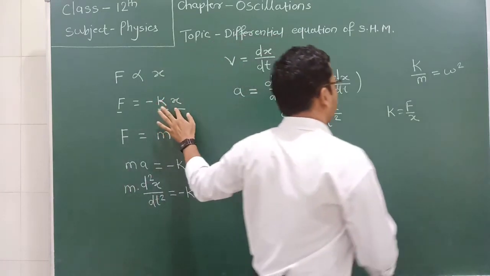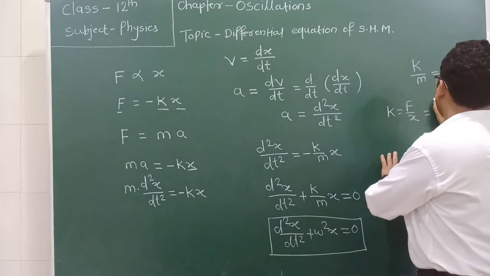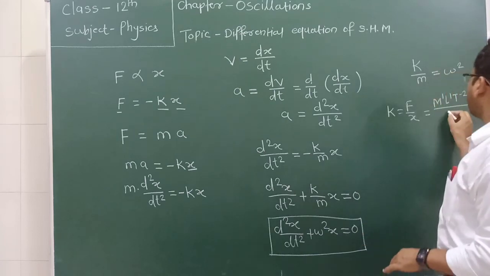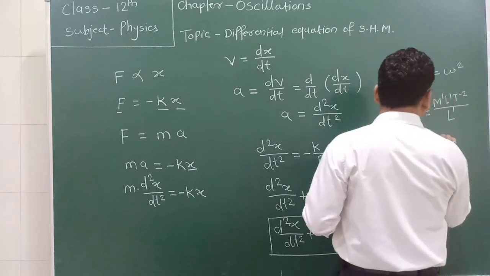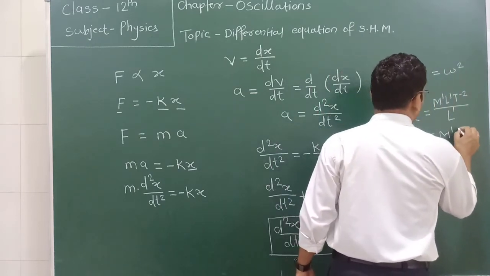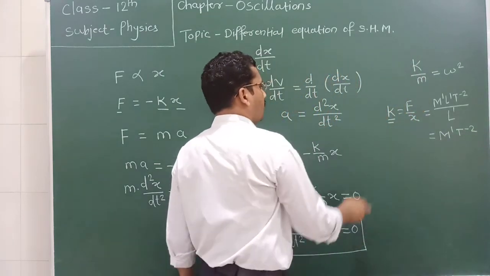The dimension of force is M1 L1 T minus 2, and the dimension of x is L1. So the dimension of k is M1 T minus 2.